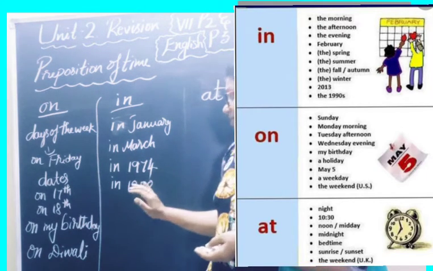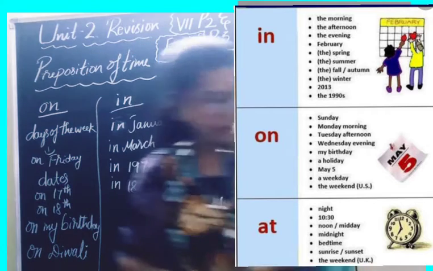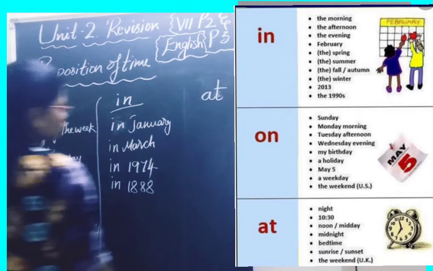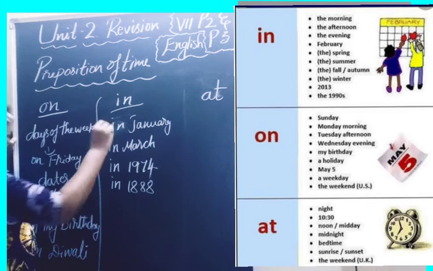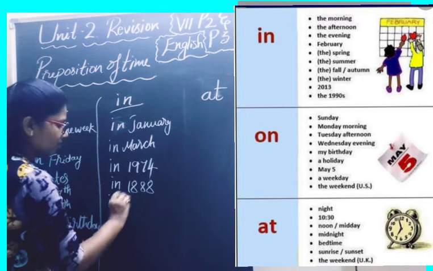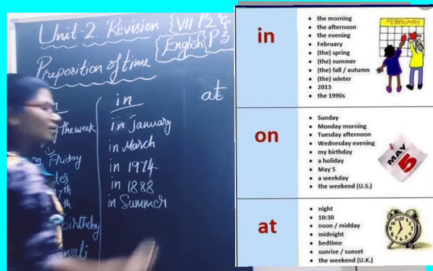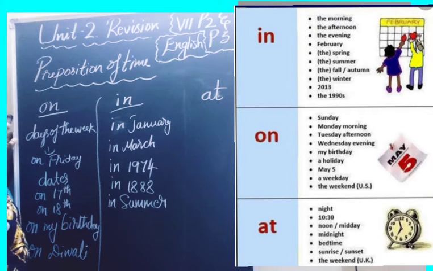For year and this, and also now we are using "in" before seasons. Before seasons also you should use "in": in summer, not on summer. I'm going to visit Goa in summer, in winter, in spring, like that.